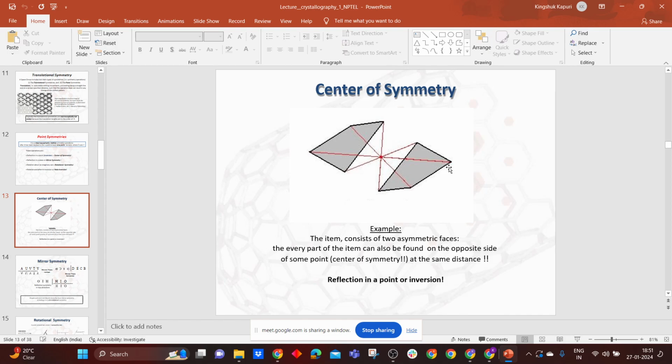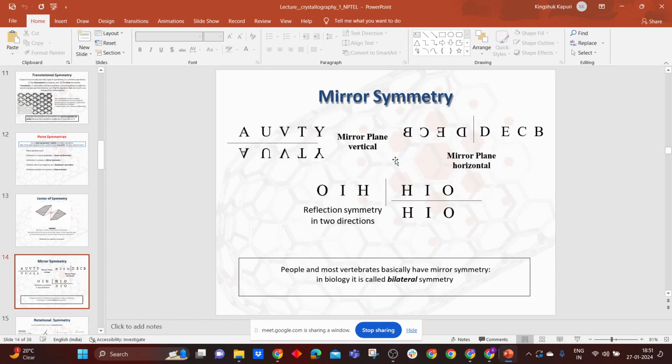The line constituting these 2 points, this is point A and this is point B on the right hand side, passes through the center of these two faces and will exactly give you the center of symmetry. So it is basically a reflection, but a reflection of a point through inversion. It will create a center of symmetry. Always remember this: when a reflection of a point through inversion is there, it produces a center of symmetry. Okay.